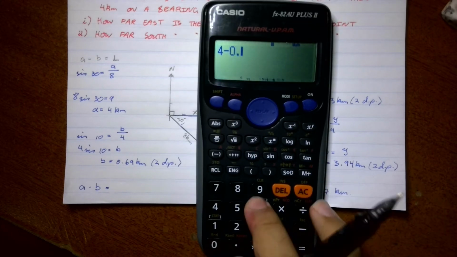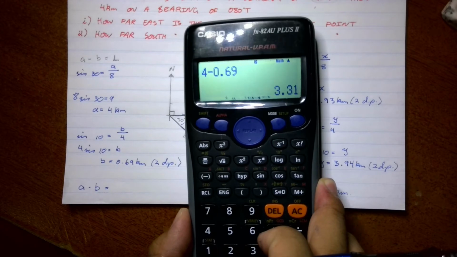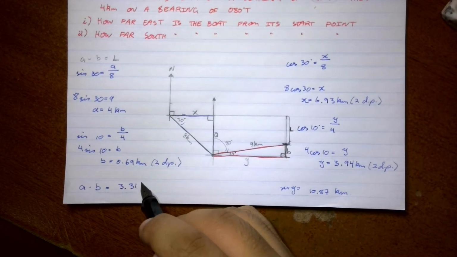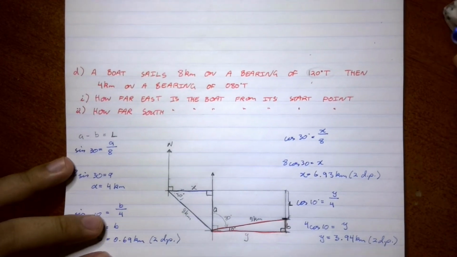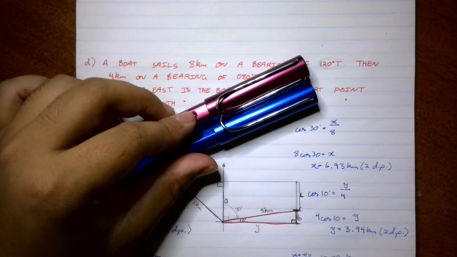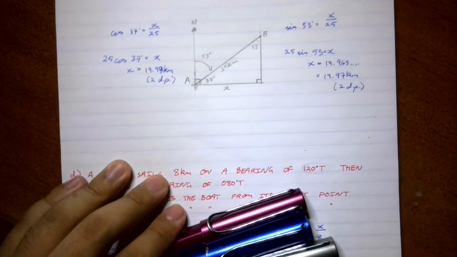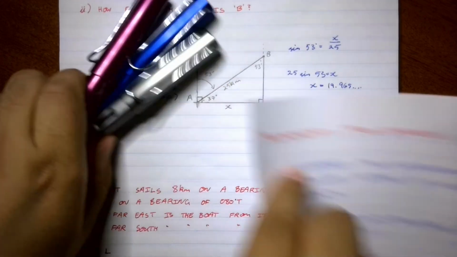This will give us 3.31 kilometers. I hope that gave you an insight into interpreting descriptions of true bearings into a diagram and using those diagrams to solve trigonometry problems.